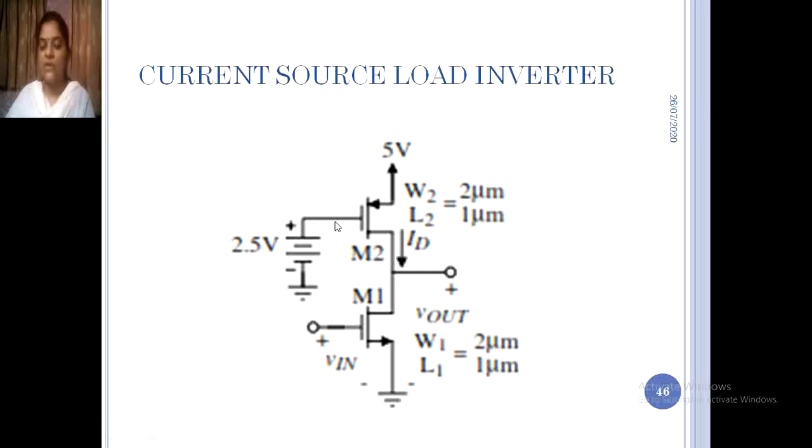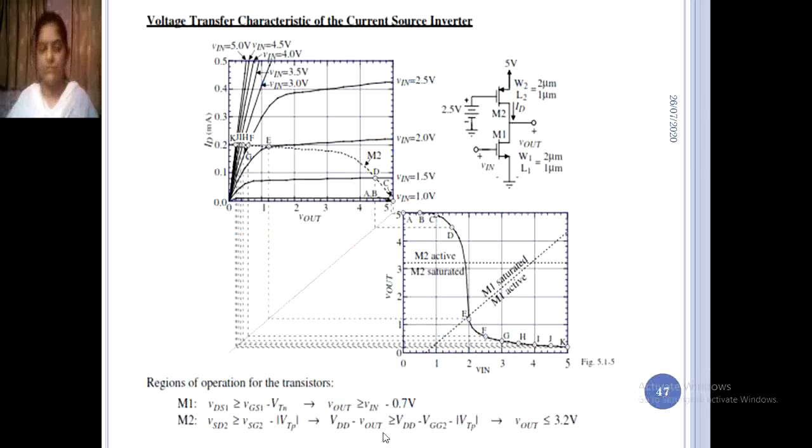Instead, the gate of M2 is connected to some reference voltage, that is 2.5 volt, and the rest of the things are the same as the CMOS inverter with active load. So for the current source inverter, the voltage transfer characteristic is given by ID versus Vout, the same thing applied here.